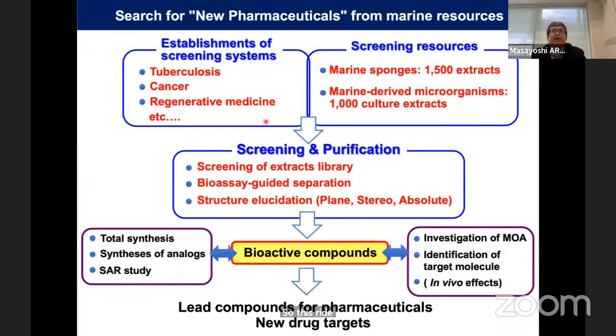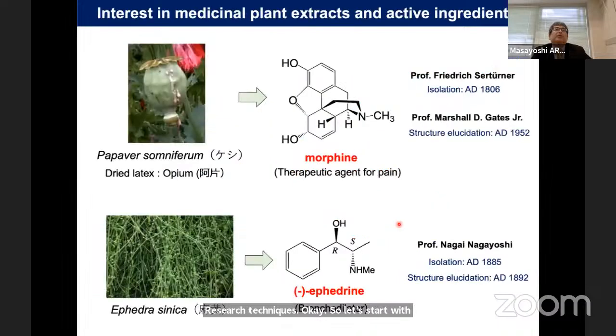Today, I'd like to present our research results on screening resources and traditional natural product chemistry research, and on synthesis and chemical biology research, including the latest research techniques. So let's start with the screening source, natural resources.